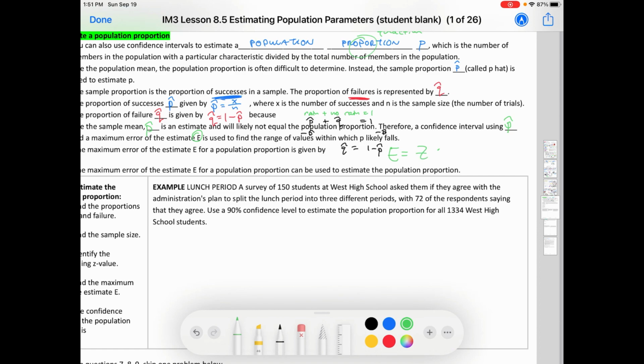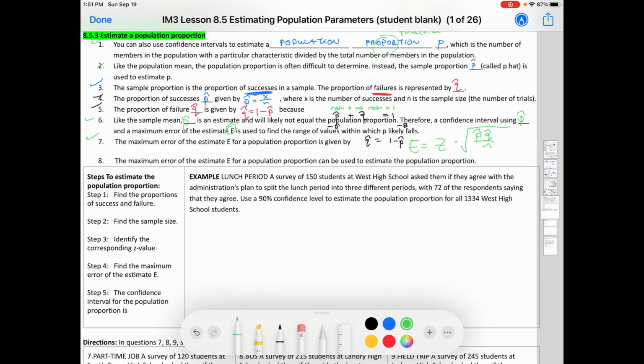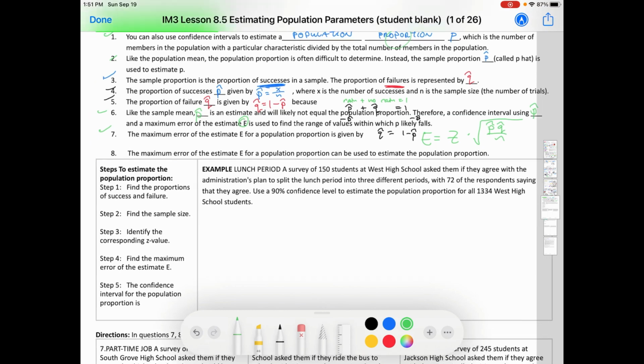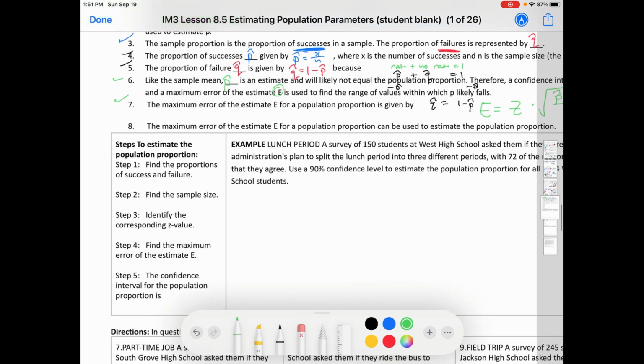Okay, this one's different: the square root of P hat times Q hat divided by N. We've talked about all those before. And I have some steps below.